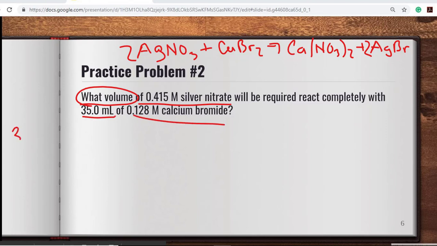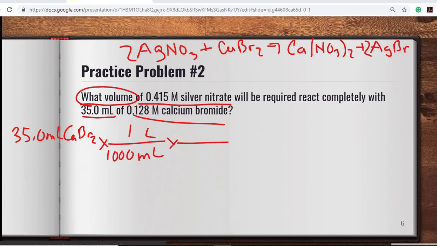So again, same concept, 35. Okay, calcium bromide. Again, milliliters on the bottom of the next step. We're going to convert that to liters, just like we did last time. 1,000 milliliters in a liter. Liters, again, using the molarity as a conversion factor.